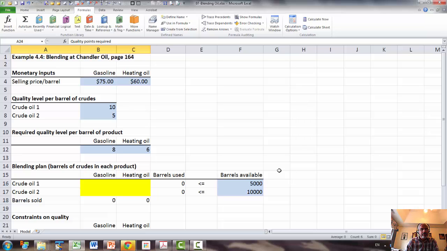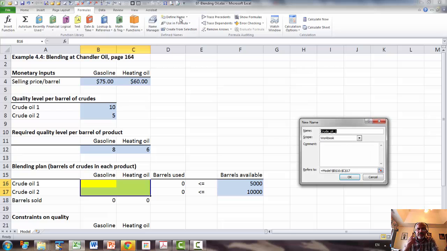And what else? So we have to now define a name for this. Okay, we'll have to define this. So we will say crude blending decision.